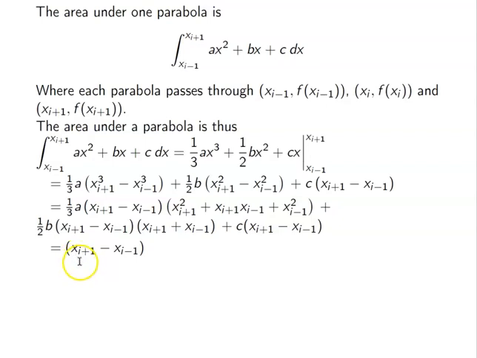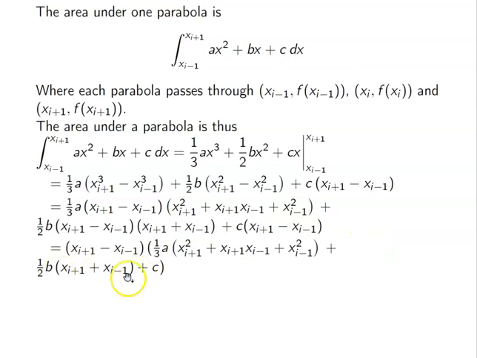So I can pull out this x sub i plus 1 minus x sub i minus 1, and then just write everything that I had left, right? So I have 1/3 a times the second part of the expansion plus 1/2 b times this plus part, and then here is just plus c. Okay, so I have the a portion plus the b portion plus c.